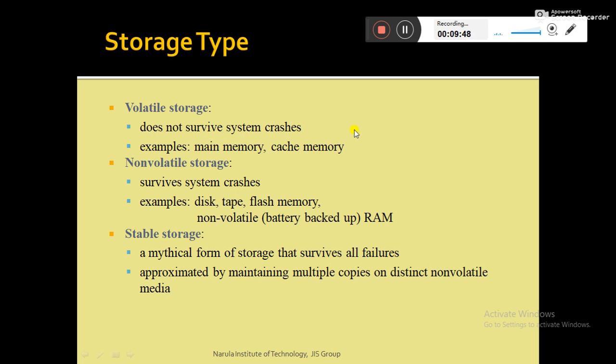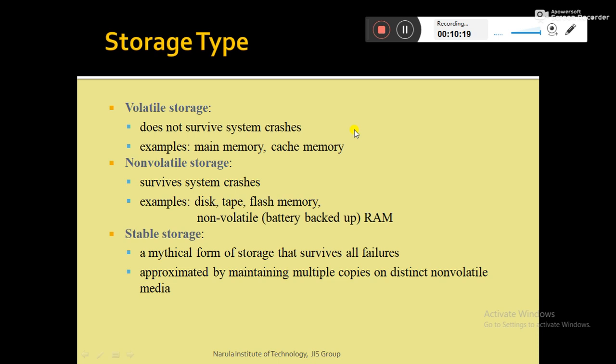Another feature of volatile storage is that its computation speed is much higher than non-volatile storage. But if we consider the storage capacity, it is on the lower side as compared to non-volatile storage.